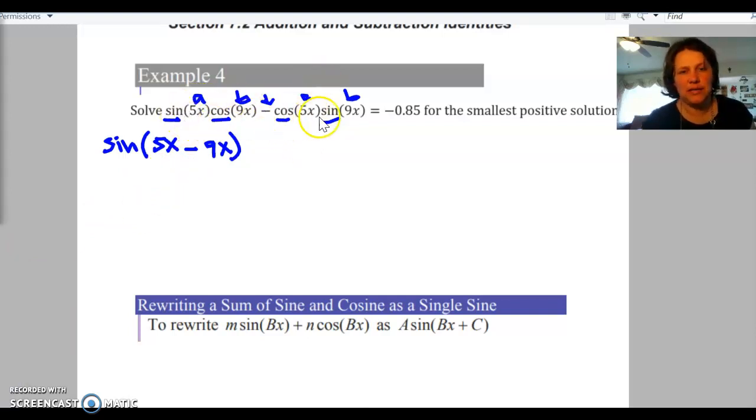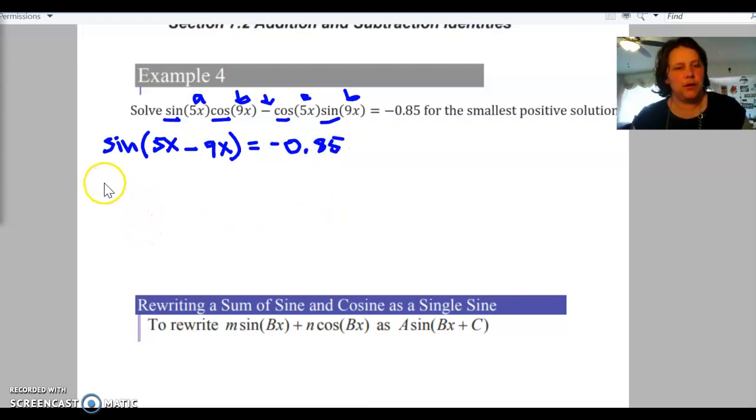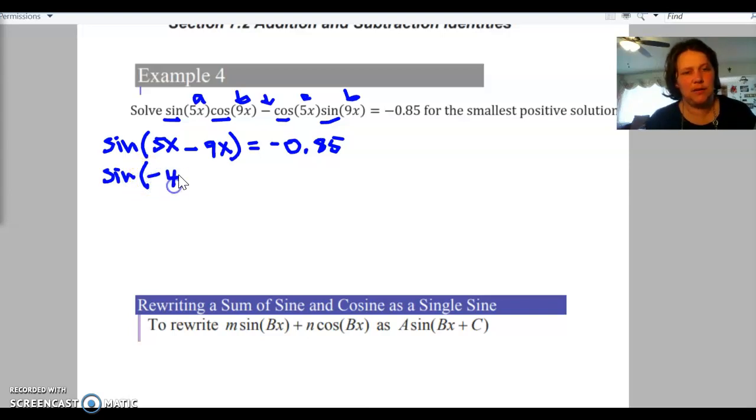So we condensed the left-hand side, so this all needs to equal negative 0.85. We can reduce the left-hand side. The sine of 5x minus 9x is the sine of negative 4x, which is equal to negative 0.85.